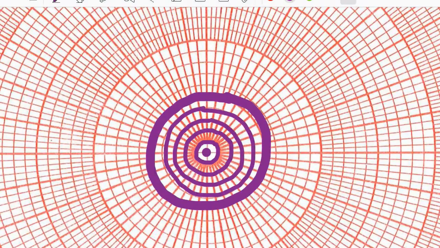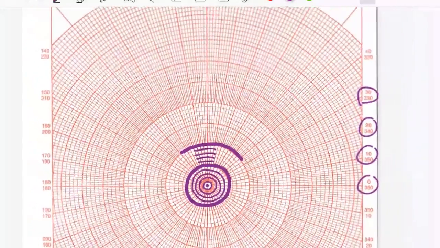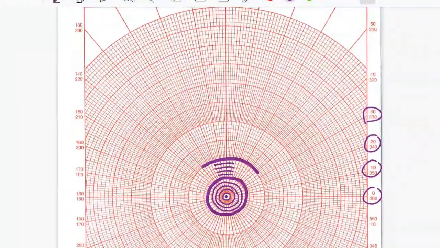Now, if you keep counting this way, you would have 1.2, 1.4, 1.6, 1.8, 2 full circles. So every one of these thin circles is another 0.2. Now we're going to keep that in mind when we're ready to start graphing some of these points.